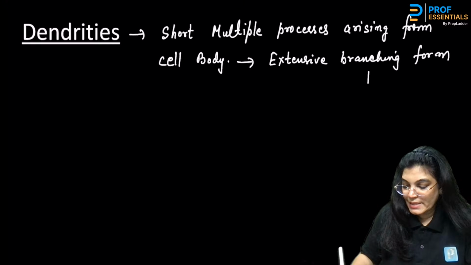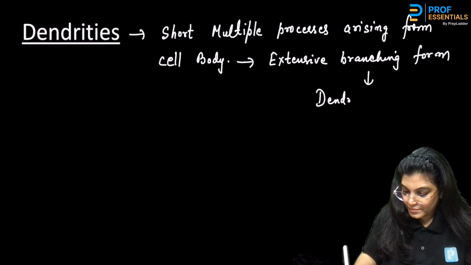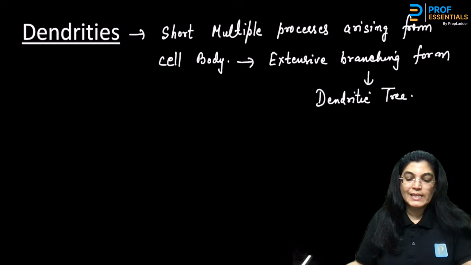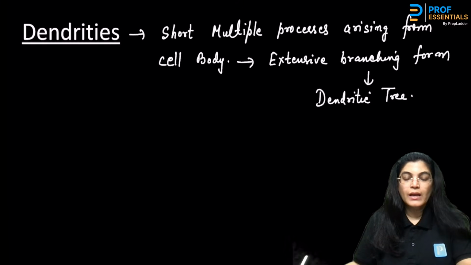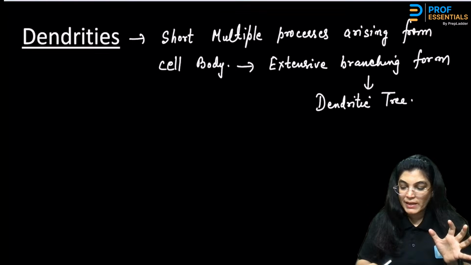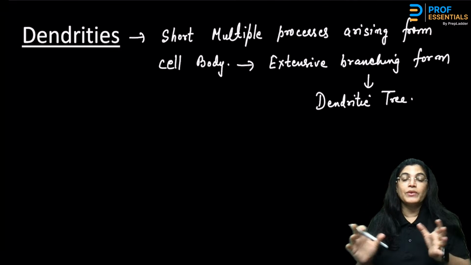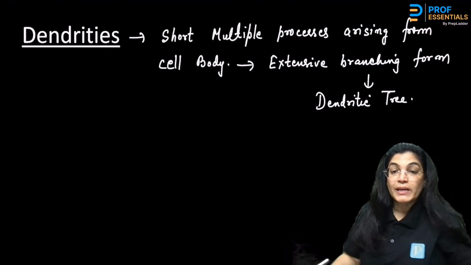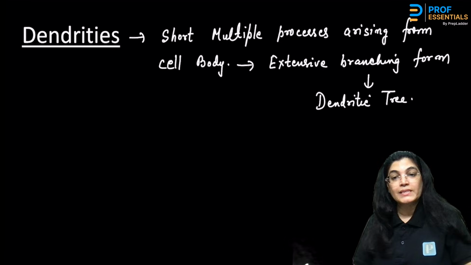They are called the dendritic tree. Now, it's very important that you also know that dendrites contain all the cytoplasmic contents which we have discussed in the cell body. We have discussed so many of the cytoplasmic contents in the cell body, so the content will also be present in the dendrites.